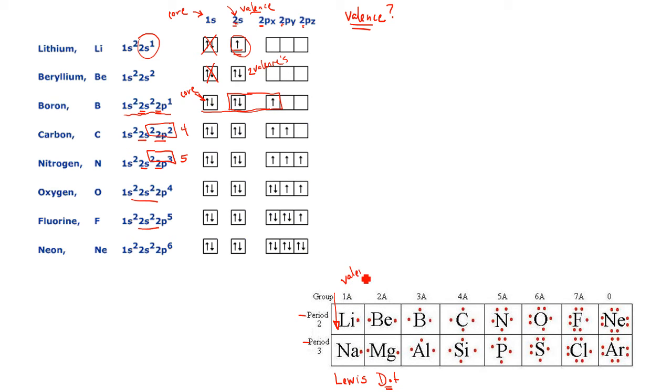The group numbers across the top of the periodic table are also the valence electrons. They are the same. So if I wanted to look at oxygen or any element underneath oxygen and know how many valence electrons it had, I would see it's in the 6th group, and I would know that it would have 6 valence electrons.